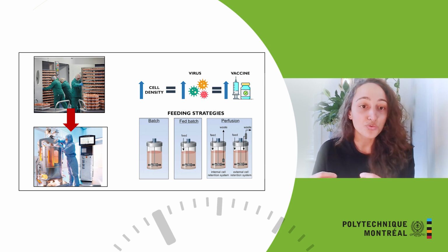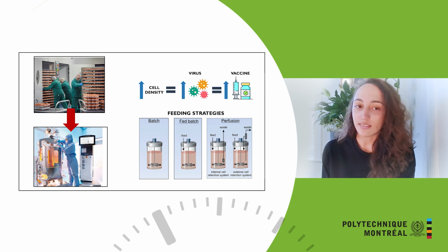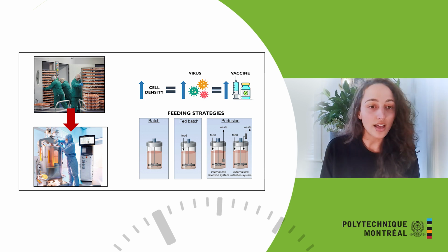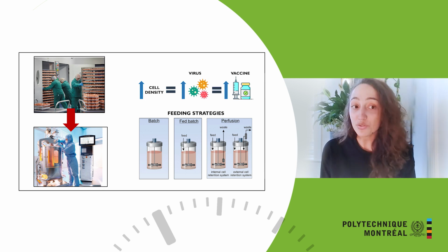And these cells will grow until we have a really, really high concentration of them. Once we get there, we can just infect those cells with the virus, let it multiply, and then collect, purify, inactivate, and make the vaccine.